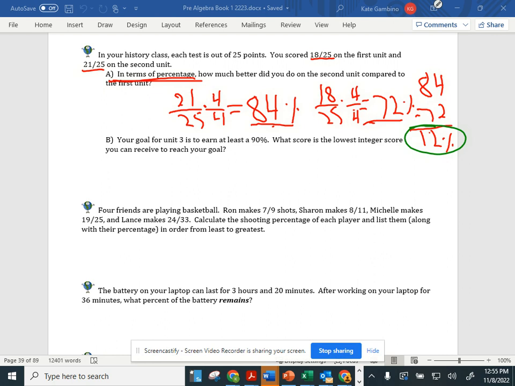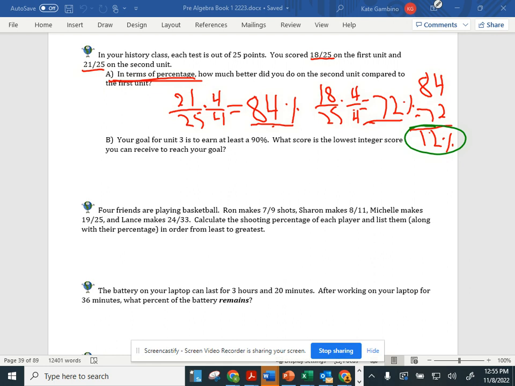So if your goal for Unit 3 is to earn at least 90%, what score is the lowest integer score you can receive to reach your goal? So what do you think you can get on your third test to give you a 90% in class?